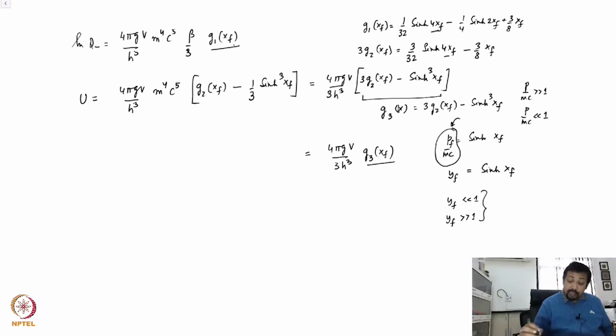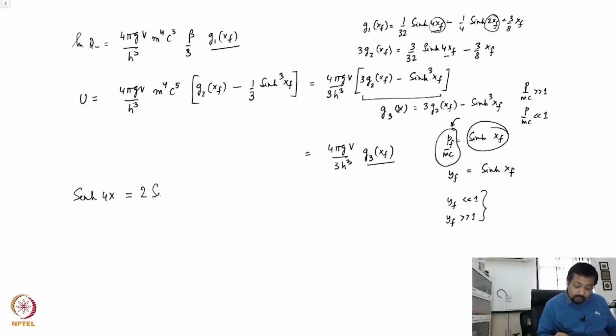But before we do that, I have to express this 4XF and 2XF in terms of sinh of XF, and that is not very difficult to do. So sinh of 4x is going to be twice sinh 2x cosh 2x. This you can further break down. Cosh of 2x is going to be cosh square x plus sinh square x.